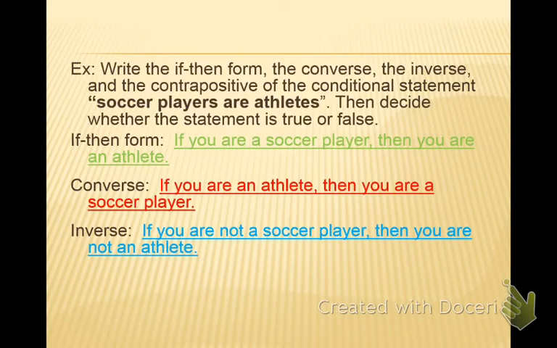Then the contrapositive is what Ryan said, okay, is when you do the converse, and then you put not and not. So we take this converse statement, we add not an athlete and not a soccer player. It doesn't matter which order you do it. You can have the nots first and then do the converse, or you can do the converse first, then add the nots.